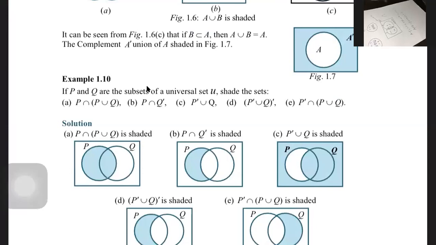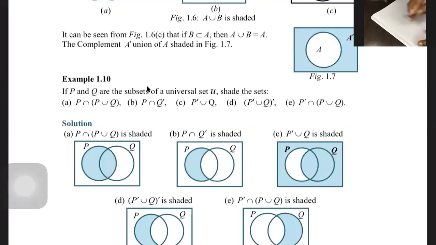So let's go and see the explanations to them. So I have P intersection, in brackets, P union Q.